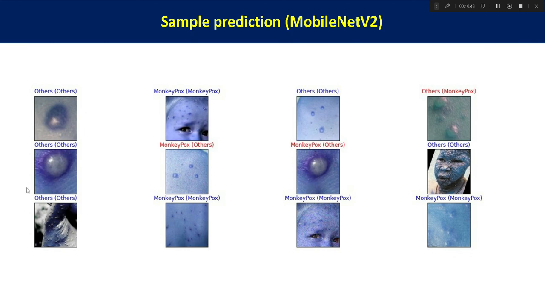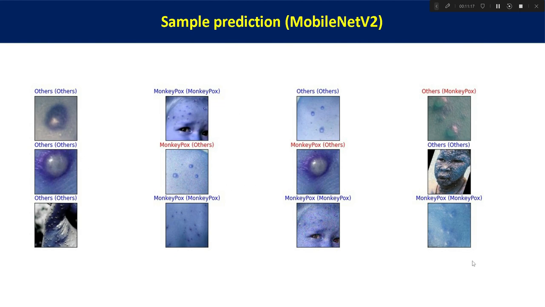If we see, these are two predictions in which, in this case, it is predicted correctly, but in this case it has not. The reason is that the affected part of the image is somewhat tilted towards the middle, whereas this one is tilted towards the upper part. So maybe due to some positional effect, it predicted monkeypox, but it is actually in the other class.